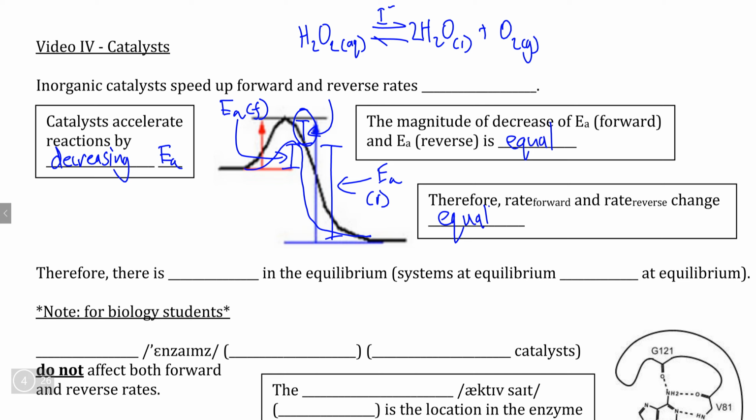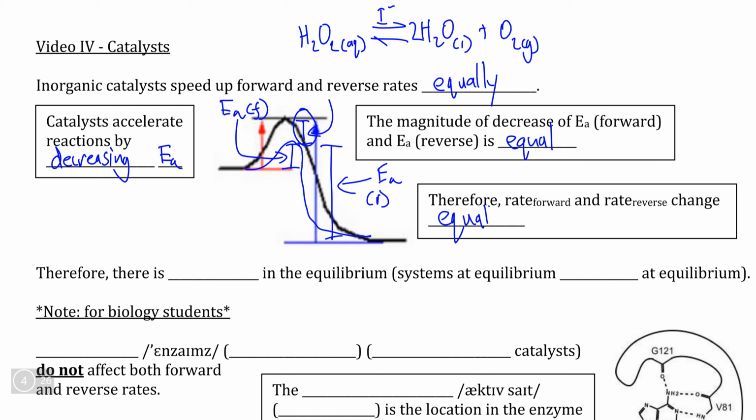What this means is that in an inorganic reaction like this with an inorganic catalyst, which is just a chemical we can add in order to make this reaction occur more easily, because the magnitude of decrease in EA of both the forward and reverse reactions is the same, they speed up forward and reverse rates equally.